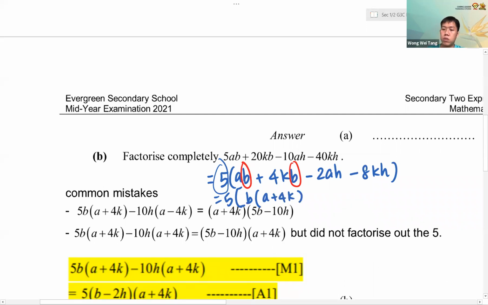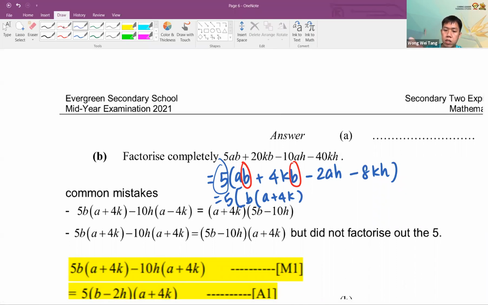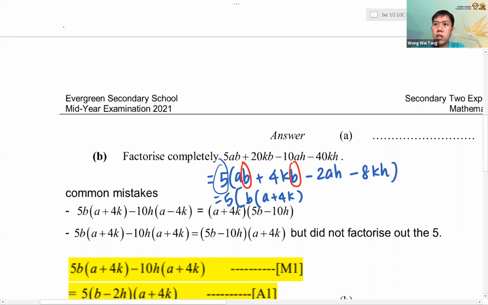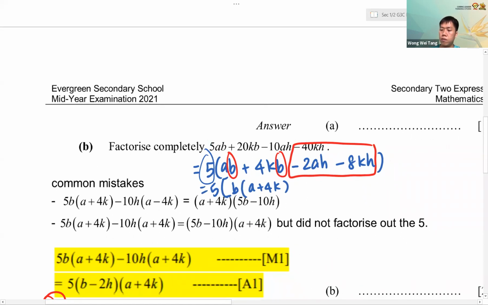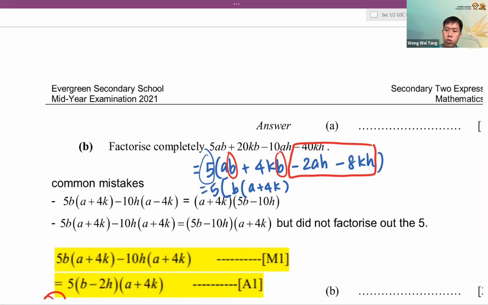Now the next 2 terms, what is the common factor? Okay, Nadira, can you tell me what the next common factor is for the remaining 2 terms? Negative 2h. Okay, let's take a look.